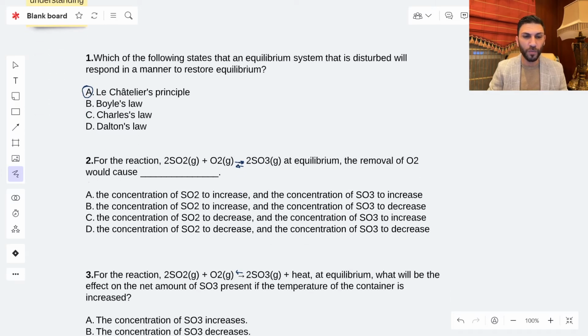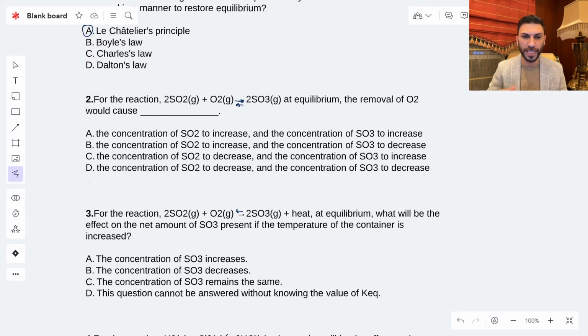Number two, for the reaction 2SO2 gas plus O2 gas, reversible reaction yields to 2SO3 gas at equilibrium, the removal of O2 would cause what? Basically here we are removing one of the reactants. That means the reaction will shift to the reactants, to the left, because you are removing the O2.